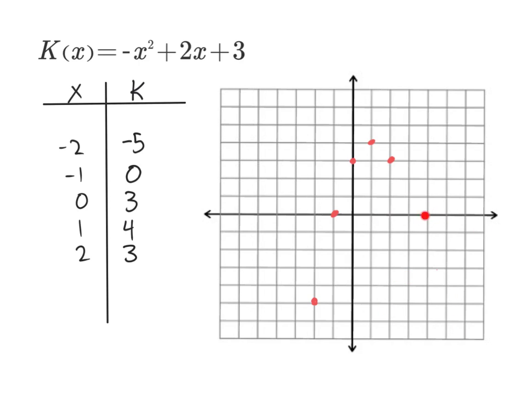So I'm going to pick more x values that are bigger than 2. So I'm going to try a 3. Plug in a 3. k of 3 equals negative 3 squared plus 2 times 3 plus 3. And you end up getting negative 9 plus 6 plus 3, which ends up being 0.